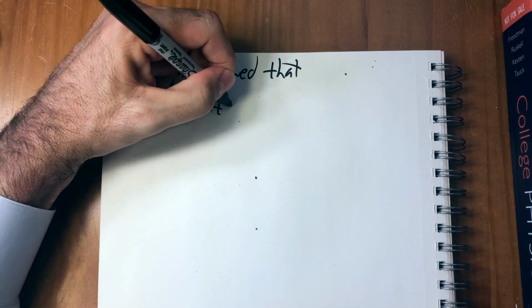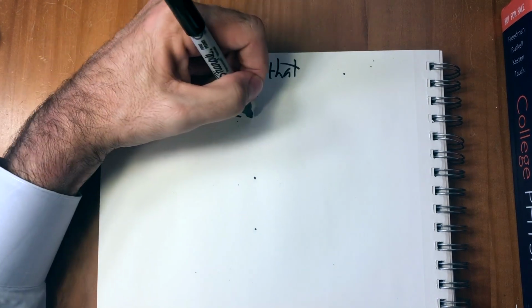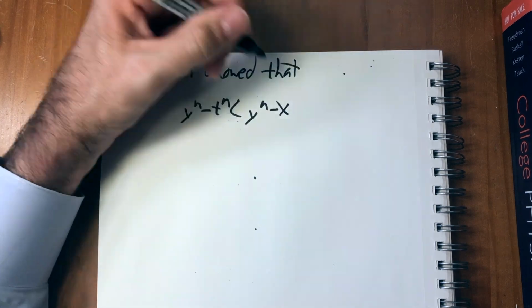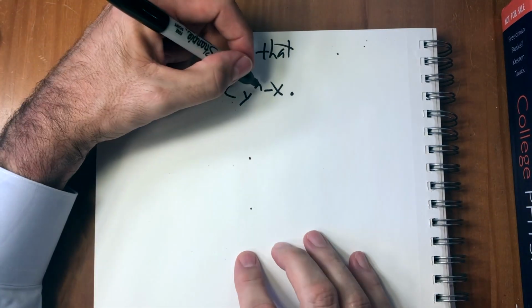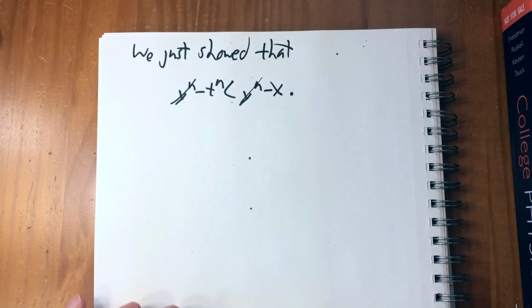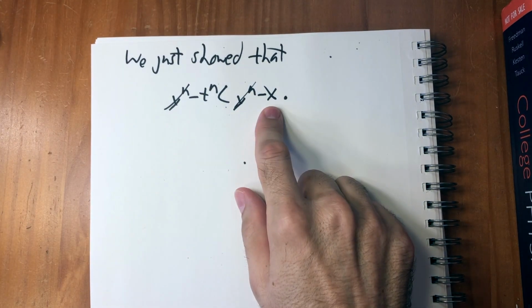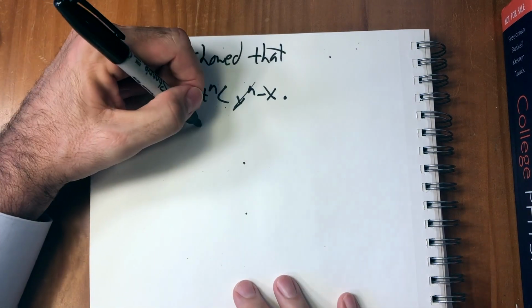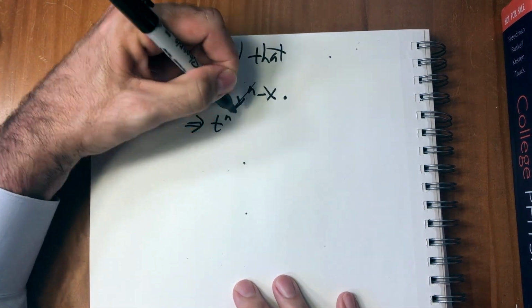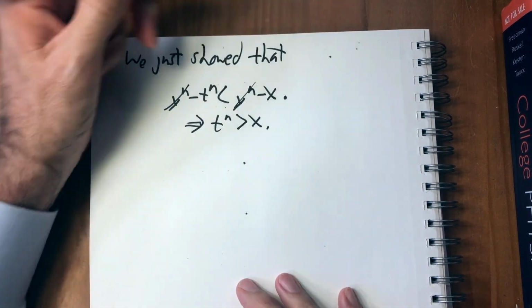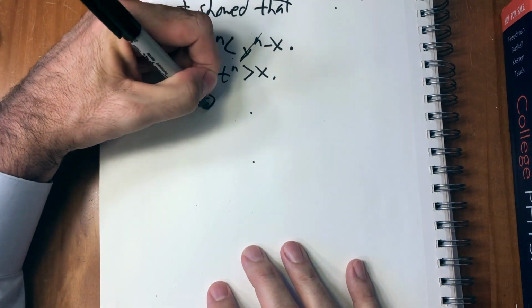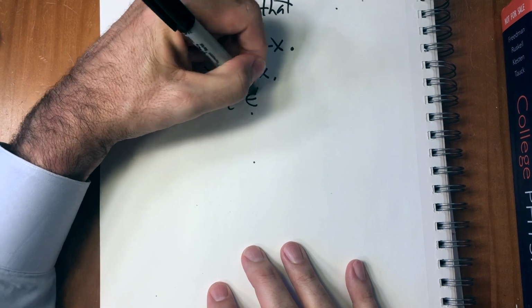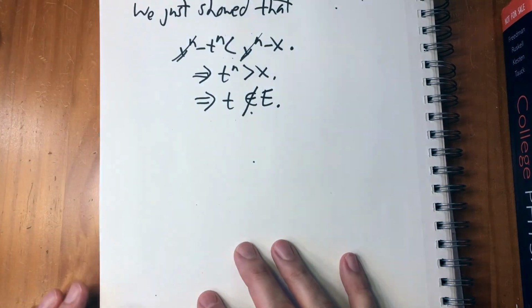That implies that if we cancel these, we have that minus t to the n is less than minus x. That means that t to the n is greater than x. That means that t is not an element of E.